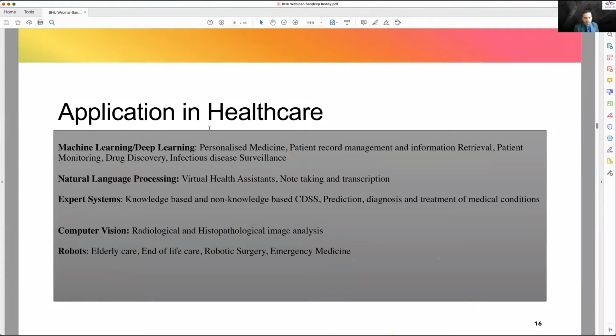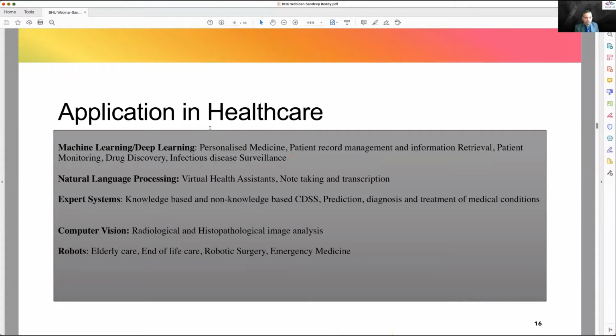Now, what are the different areas where AI can be used? At a very high level, machine learning, which we have learned earlier, can be used for patient record management, personalized medicine, and patient monitoring. Natural language processing, which I will talk about a bit later, can be used for virtual health assistance, note taking and transcription.